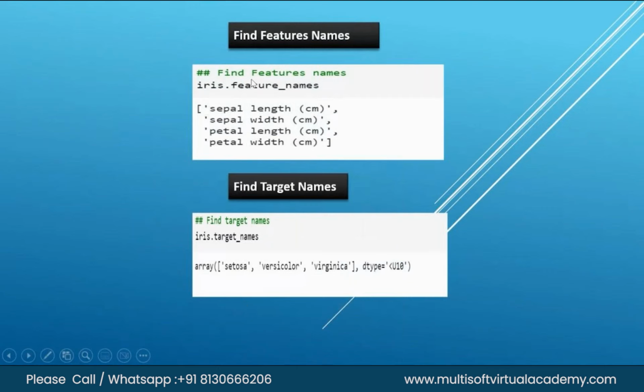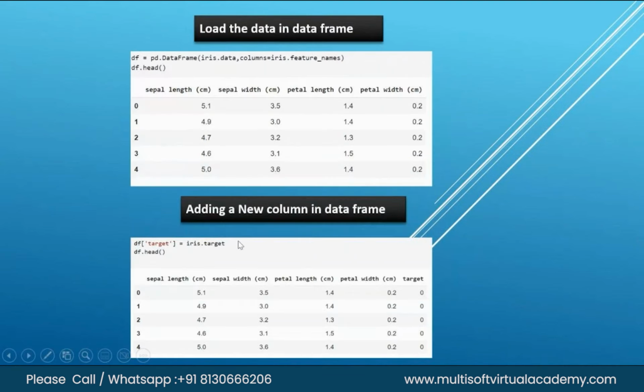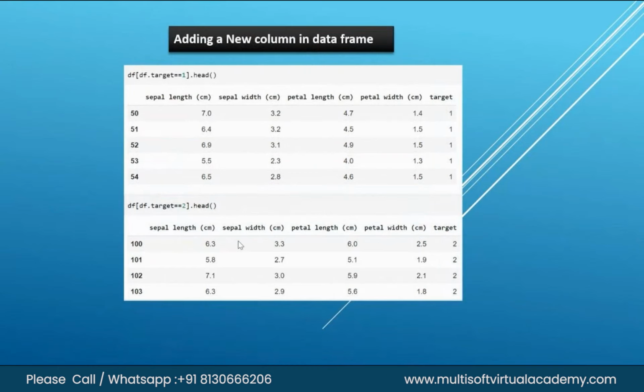Then you can see in the data set there are feature values, and the data also gives you the target values. When you import the data, you can see all the features and all the target values inside it. Then you do the pre-processing steps.